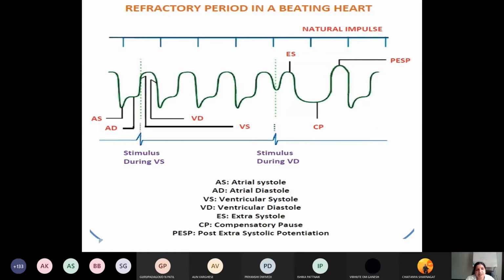The speciality of the cardiac muscle action potential is that the absolute refractory period is the longest one, and it extends from atrial systole to ventricular diastole. Till the end of the whole mechanical event, the cardiac muscle is under absolute refractory period.